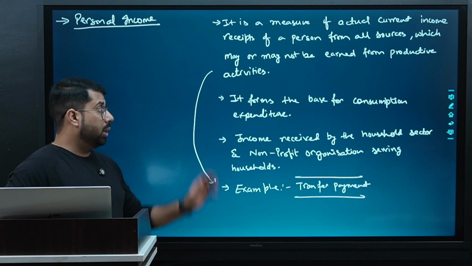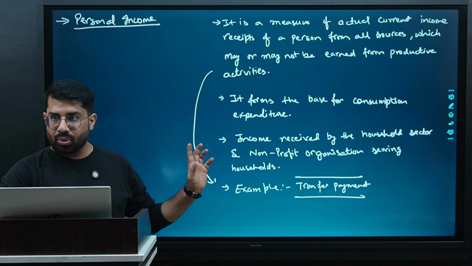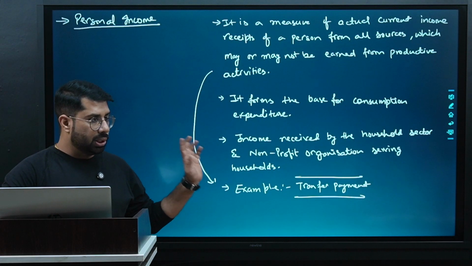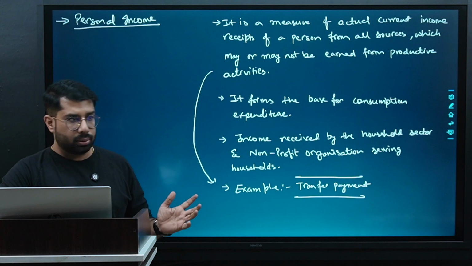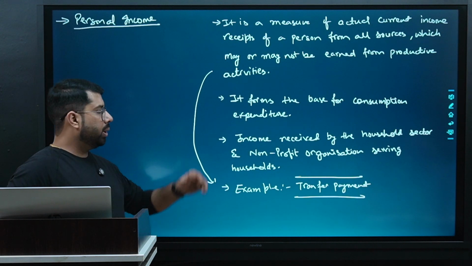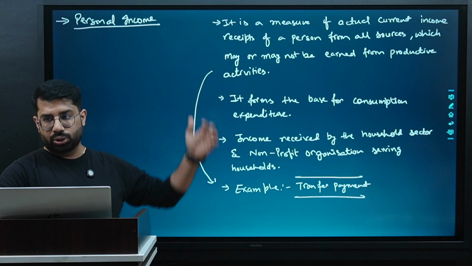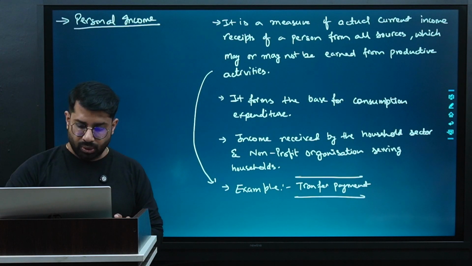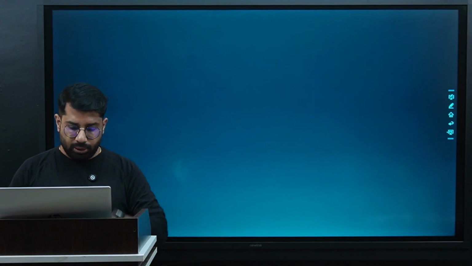It is a very important topic from the PU2 point of view. But from the CA Foundation point of view, we cannot leave any topic because you never know from which topic you will get questions. So whatever possible questions we may see from this topic, I'm giving you the notes accordingly. Let us get to the formulas of personal income. Please note it down with me.